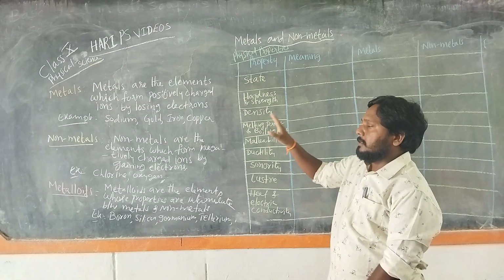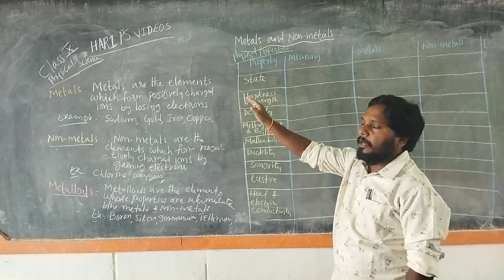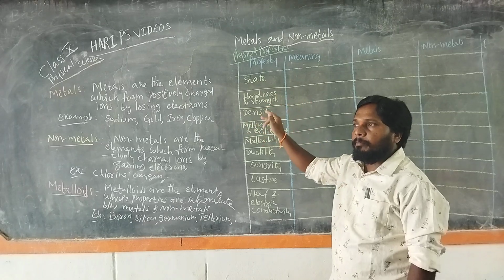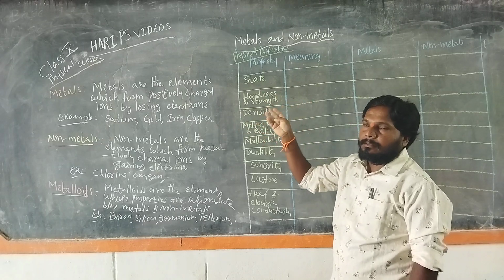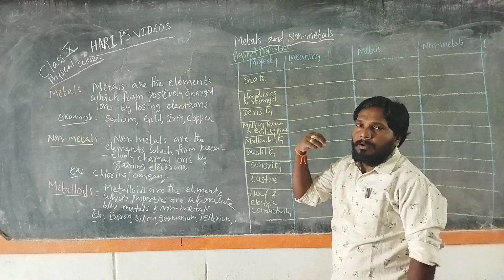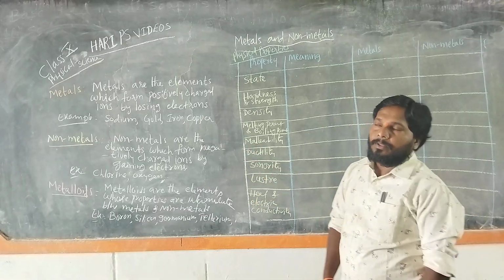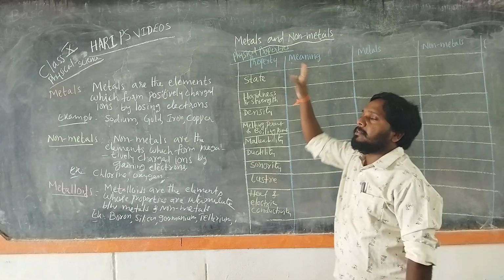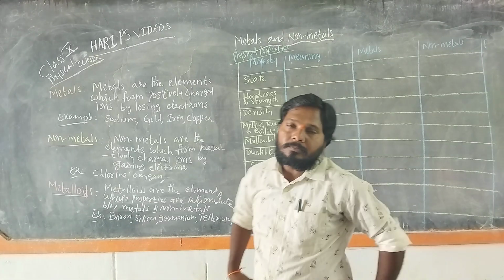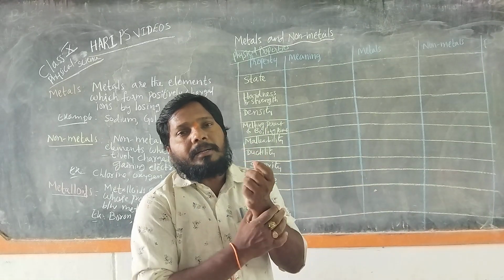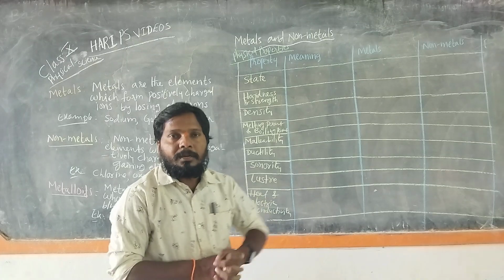While discussing this, elements are classified mainly into metals and non-metals, and the other category is metalloids. Let's discuss the physical properties of metals and non-metals.